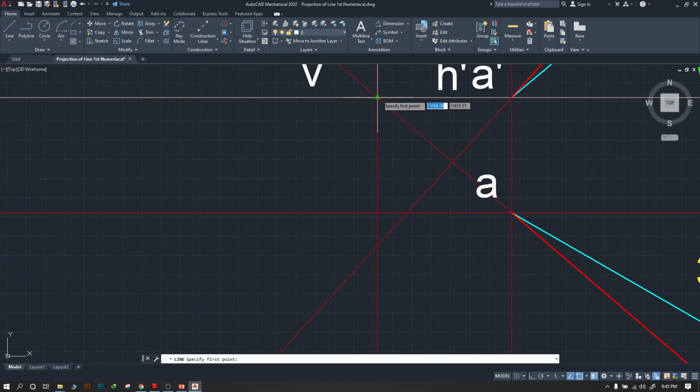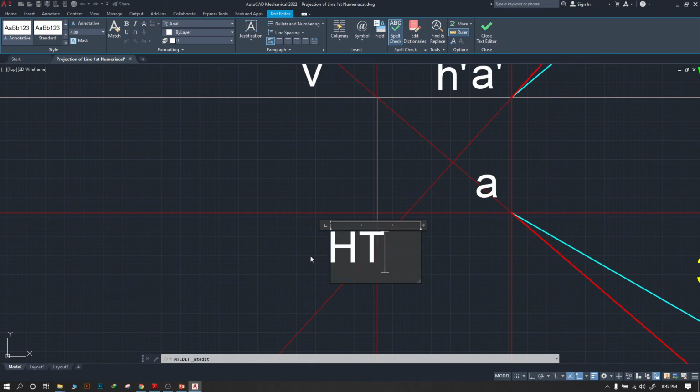To make it clear, I will draw the vertical line from the v up to that intersection point, and I will just mark over here ht dash. So it is the ht dash point.